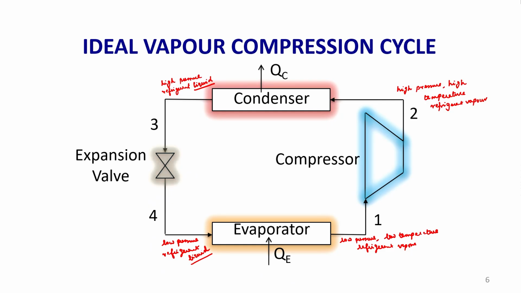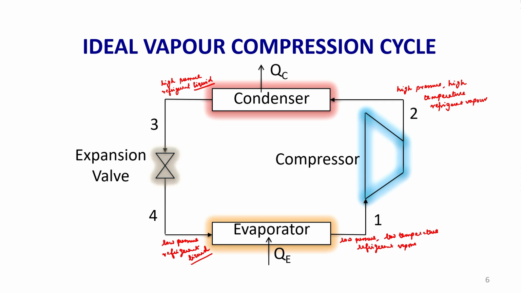By increasing the pressure and temperature, only then will the heat transfer be there. So, heat will be transferred from the high temperature region to the sink, and the sink here is the air. Similarly, if I do not reduce the pressure on the left side, that is process 3 to 4, then evaporation will not take place.